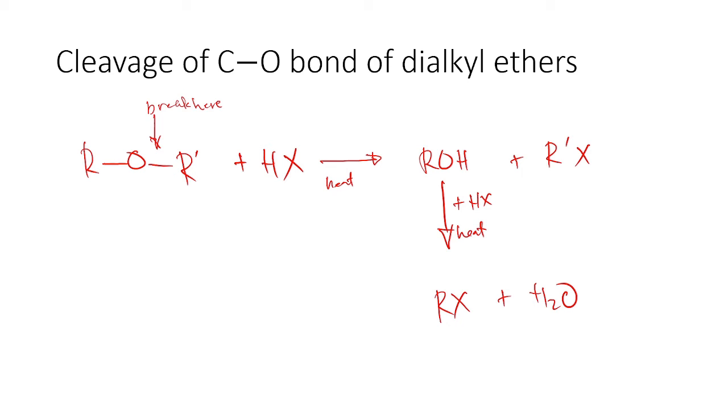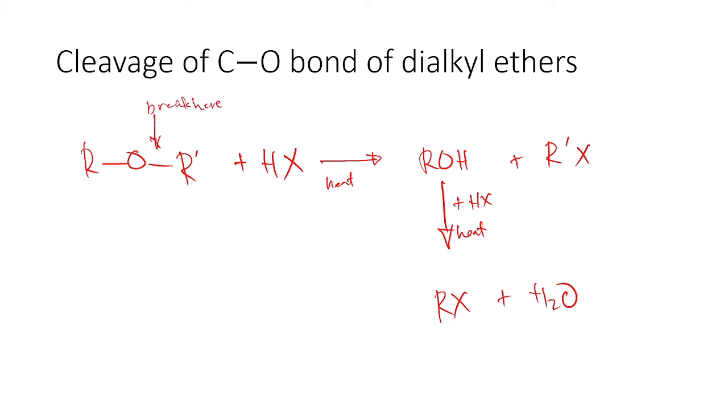So kapag enough lang yung ginamit nating acids, pwede tayong mag-produce ng ating alcohol and saka alkyl halide. But if we have excess acid and continuous yung heat sa system, we will actually produce two types of alkyl halides, especially when we have symmetrical and unsymmetrical ethers here.